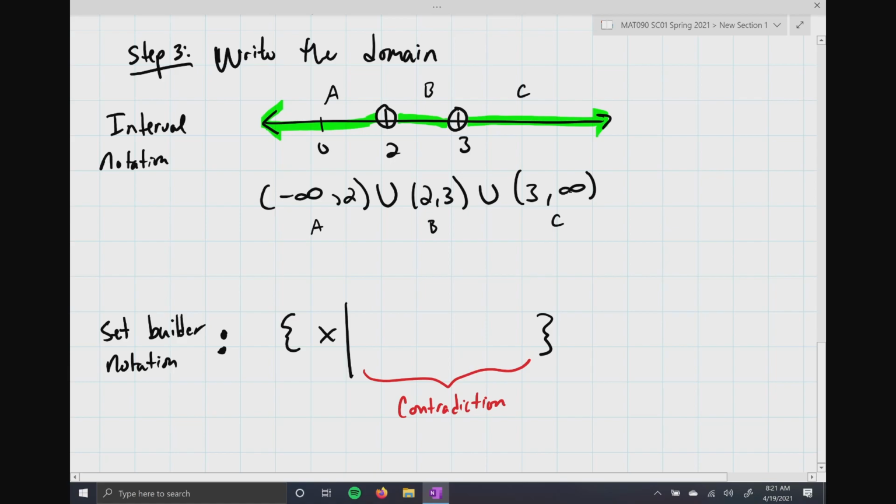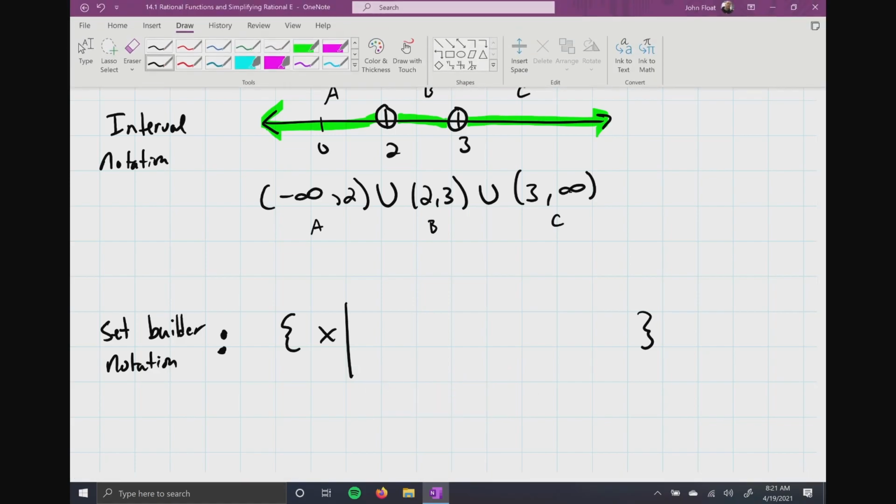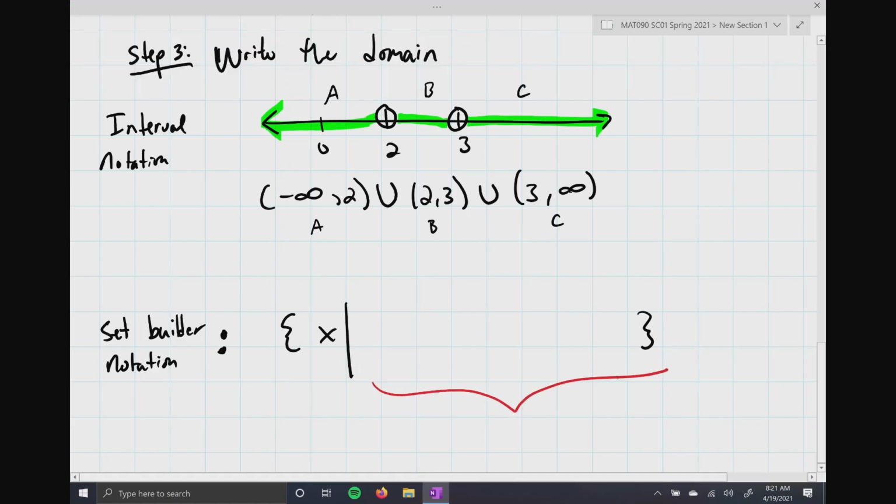You might leave yourself a little bit more space. And this is how you will always write it. It's very simple.